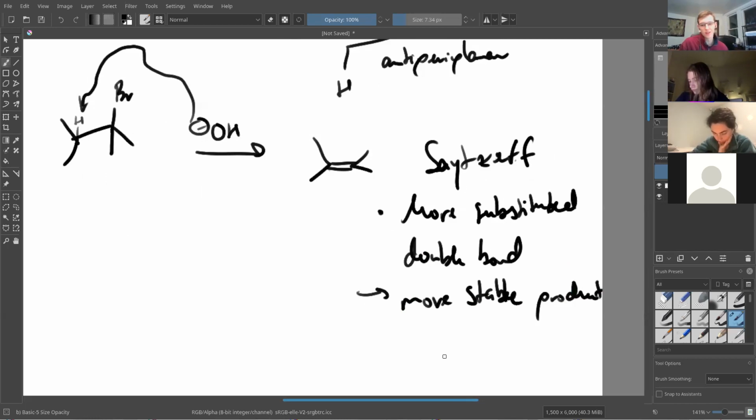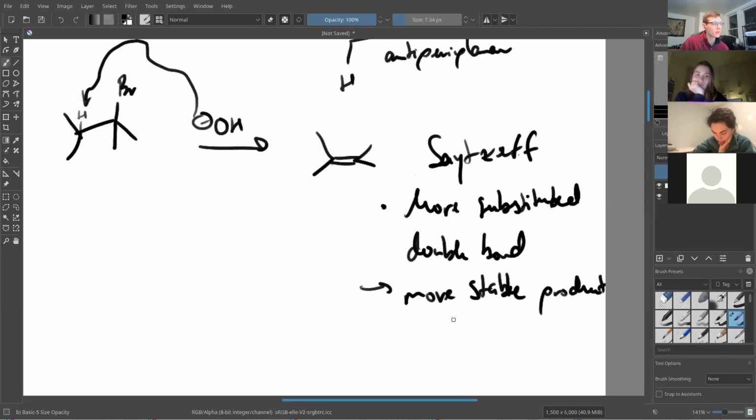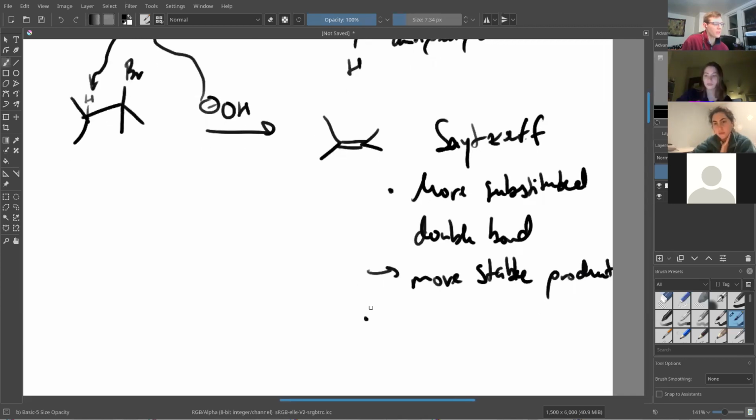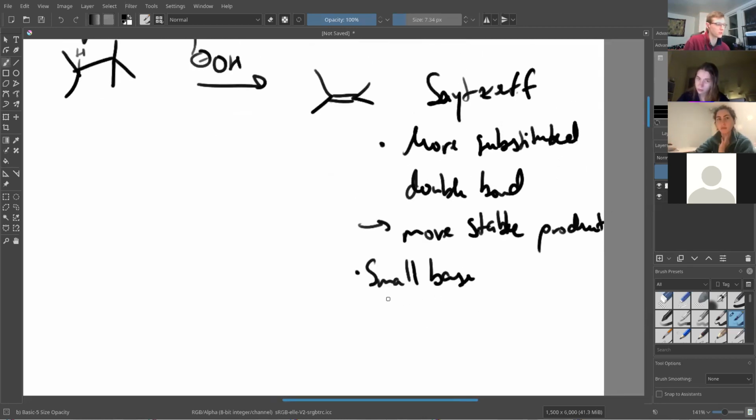Okay. And we get this whenever we have a small base, right? One that can get in there easily. So in terms of small bases, you'll usually see OH minus. O-methyl is pretty small.